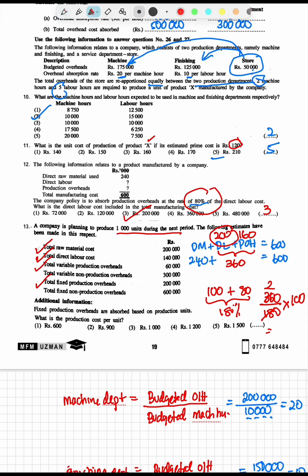So we only need the production cost, which is 200 plus 140, 340, plus 60, which is 400,000, and plus 200, which is 600,000. So 600,000 divided by 1000 is equal to rupees 600. Very simple one, right? Okay, I hope you all understood that.